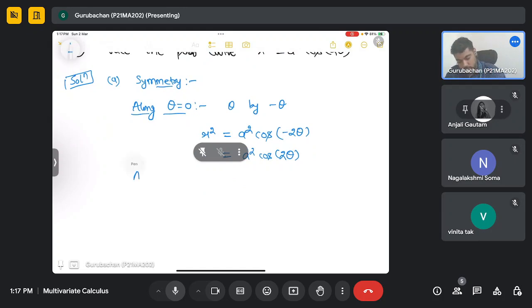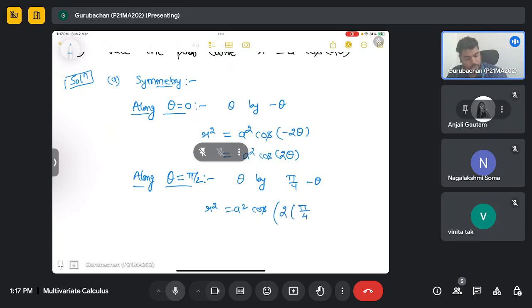Now along theta equal to pi by 2. For that we have to replace theta by pi by 4 minus theta. So a square cos of 2 times pi by 4 minus theta.